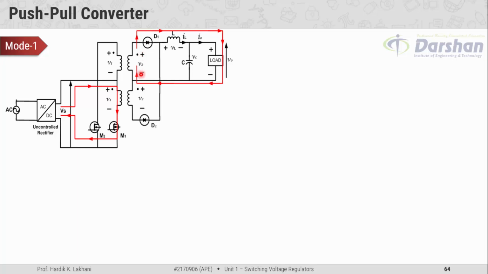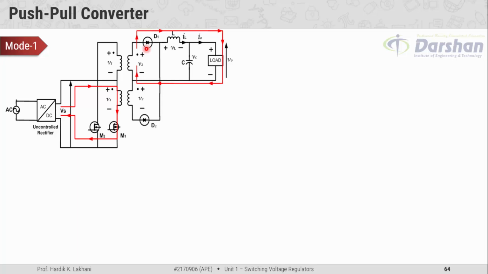Because of these polarities on the secondary side, you can see that because of this negative polarity, this diode D2 remains off. But here, due to the positive polarity, the diode D1 comes into the forward bias condition.